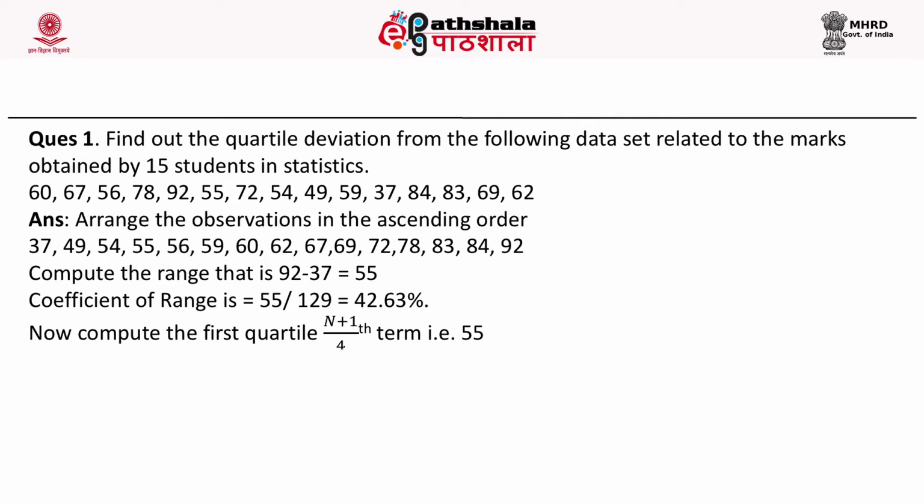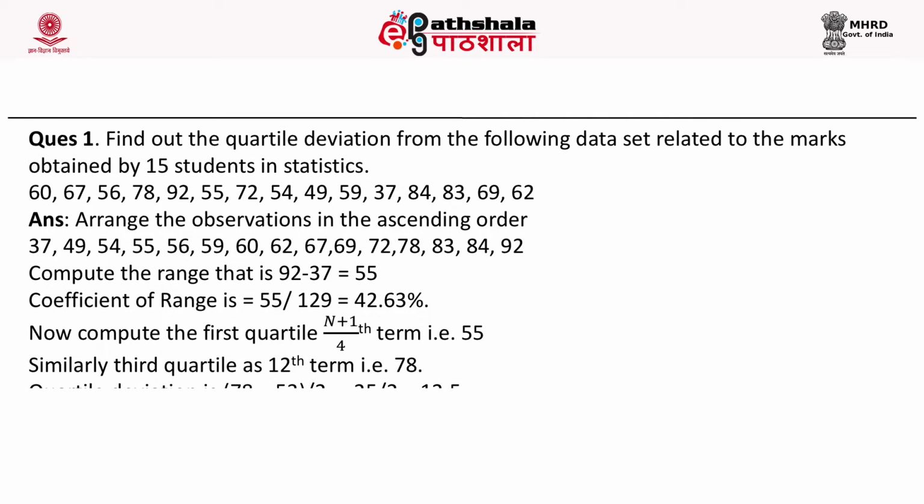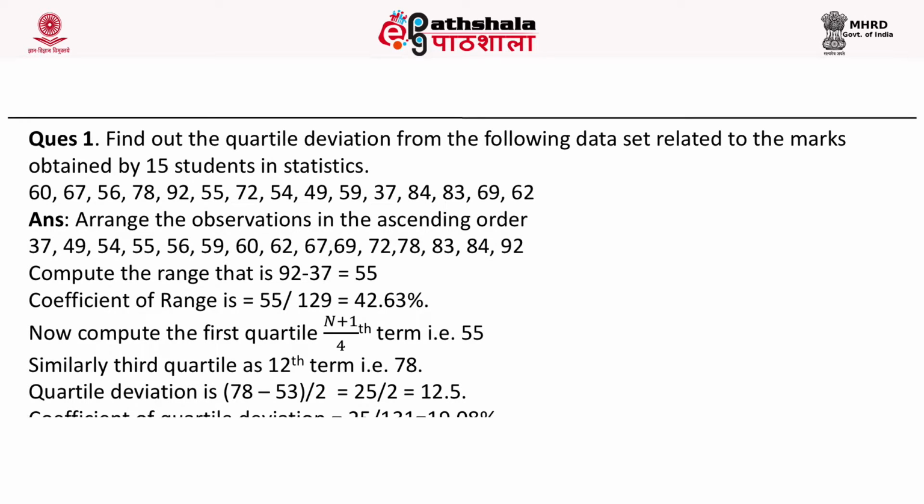For that, first we have to find the term that contains the value of the first quartile. Similarly, the third quartile is derived from the data, that is the 12th term in the data set in ascending order, which comes out to be 78.